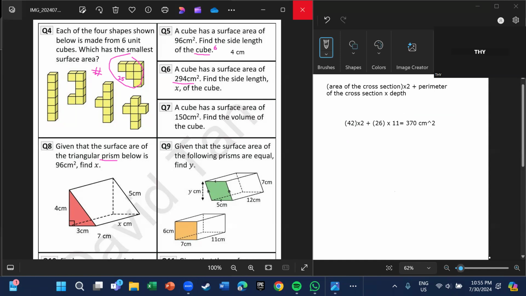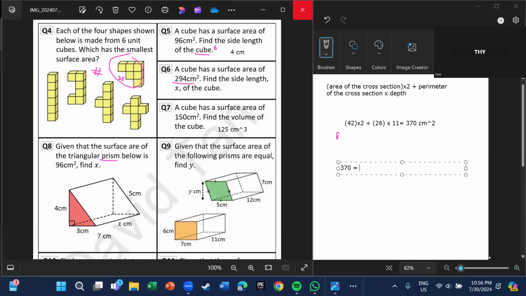Wait, I just erased the answer. Yeah, I did. Okay. So right now it's really easy. We know that each of the shapes is 370 centimeters squared.